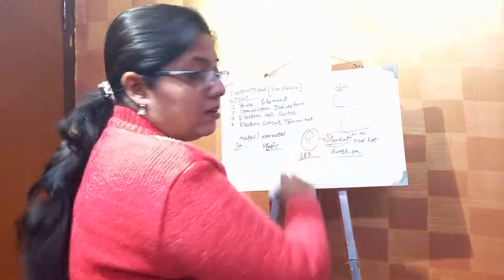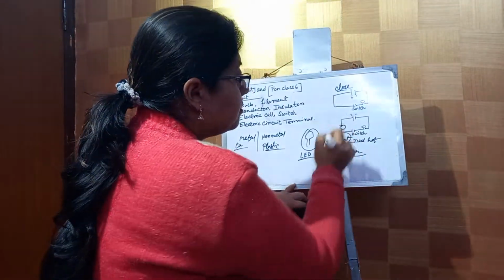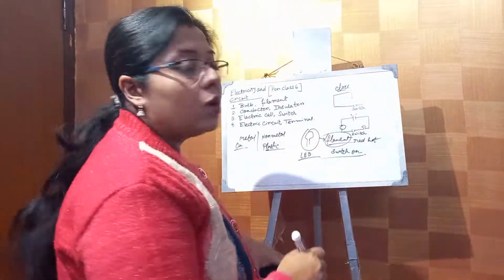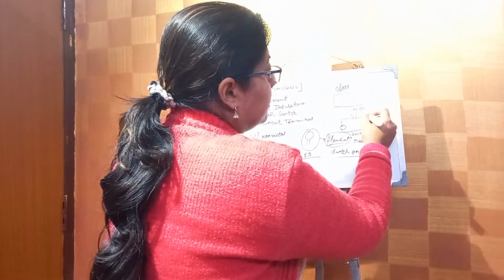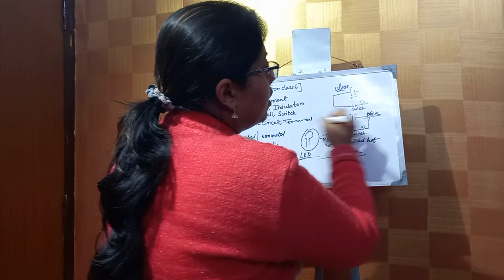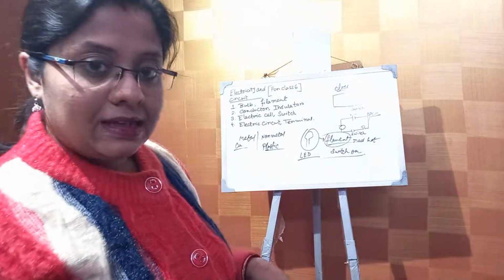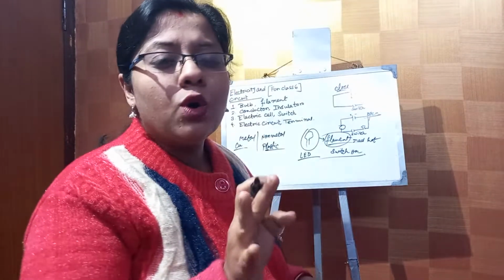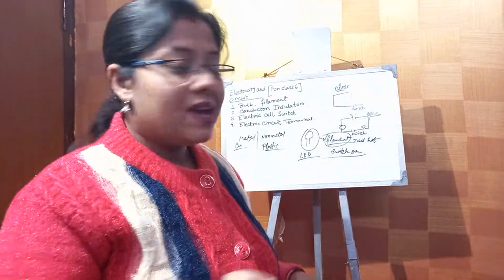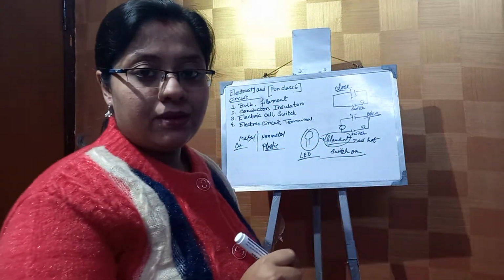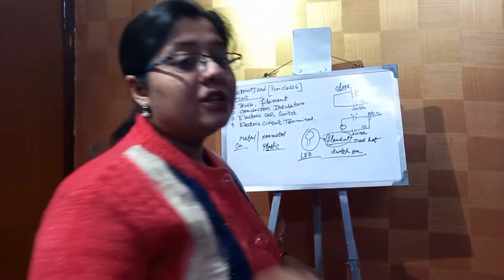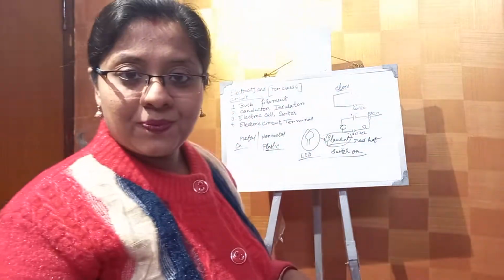But what about this one? See, here there is a gap. That means this is not a closed circuit. This is called an open circuit. So through an open circuit, electric charges cannot move fluently. Here is a gap, and due to this gap, the charges will not move.